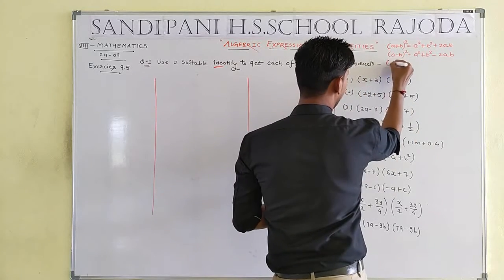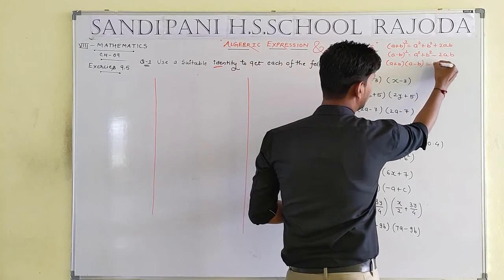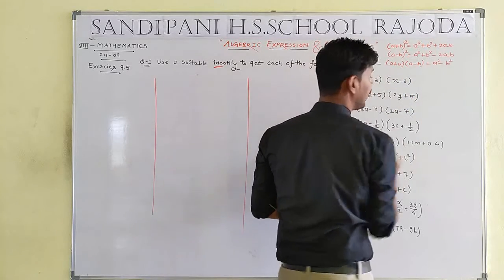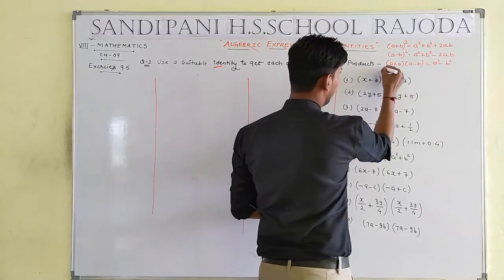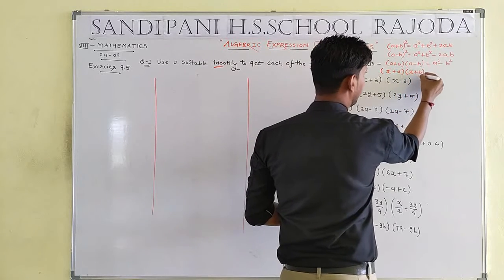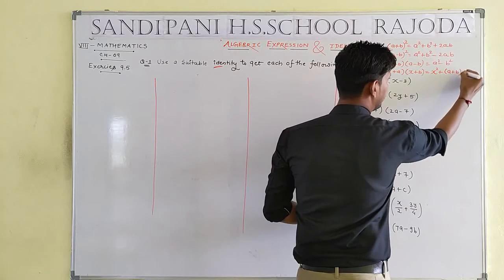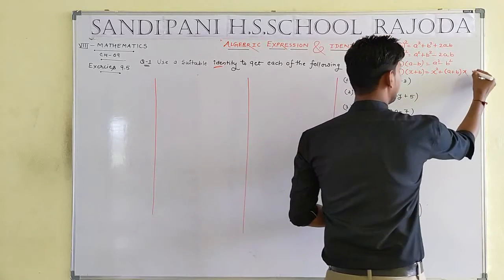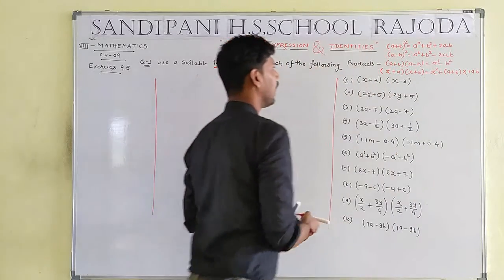And (a plus b)(a minus b) will be equal to a square minus b square. And the last identity, according to the syllabus of class 8, (x plus a)(x plus b) will be equal to x square plus (a plus b) into x plus a into b. Okay, student, the simple identities.